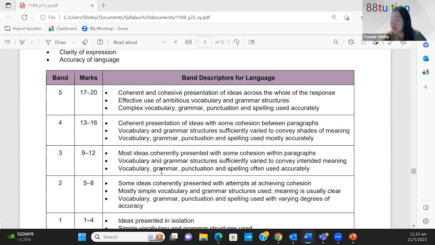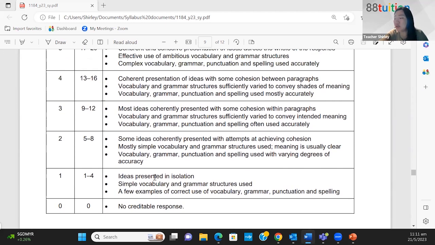So to achieve a higher band, like band 4 or band 5, I think the key thing here is to be able to really coherently present your ideas, and also use a lot of vivid language.